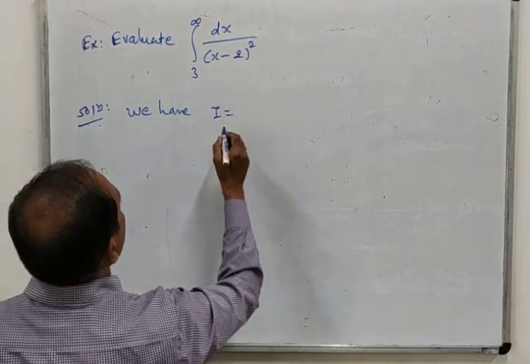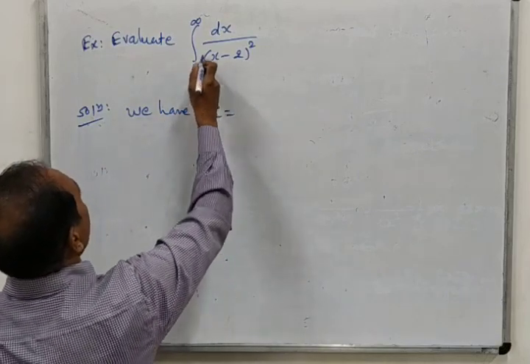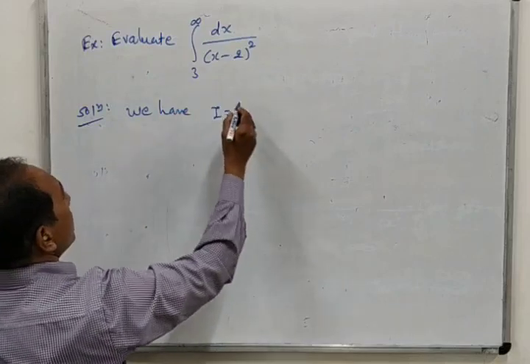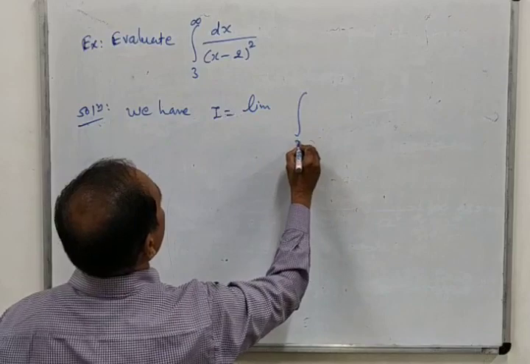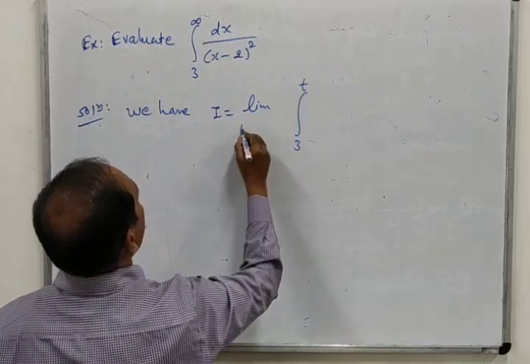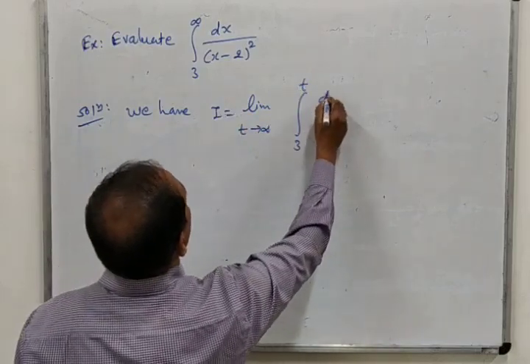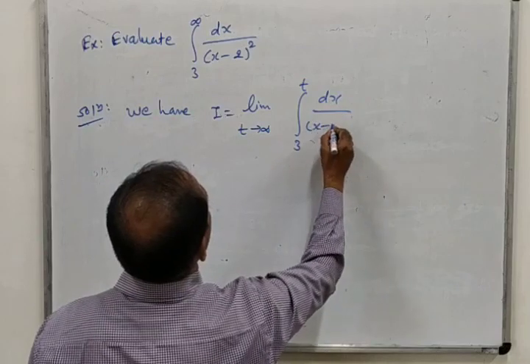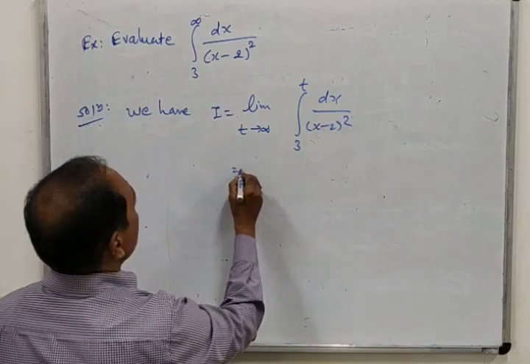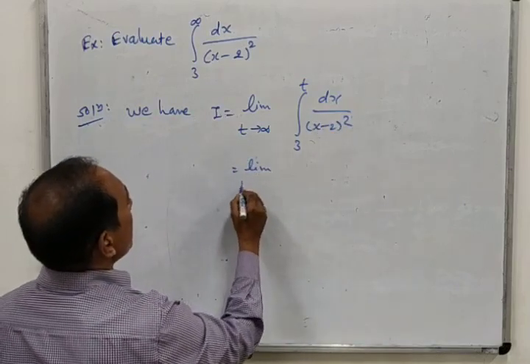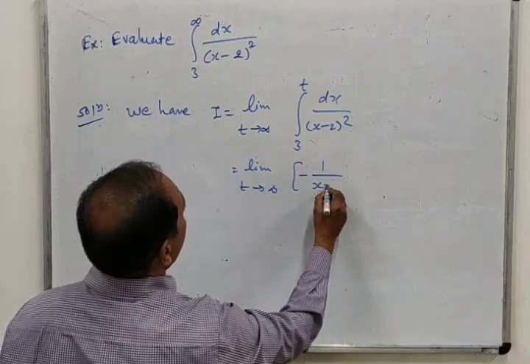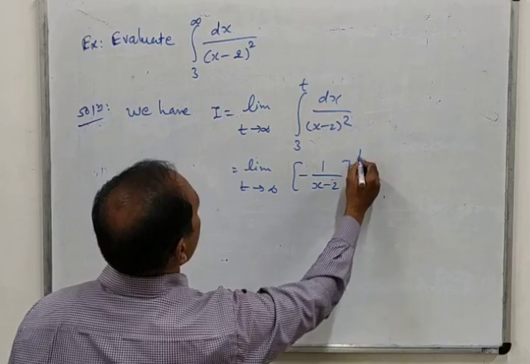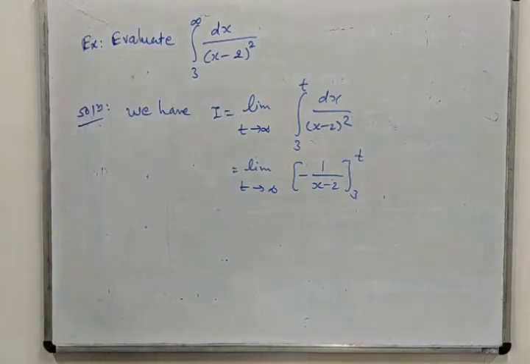So we have I equal to integration 3 to infinity. So we will make use of limit. Here we will write limit t tends to infinity, integration 3 to t, dx upon (x minus 2) whole square. The integration of this one is minus 1 upon (x minus 2), because the integration of 1 upon x square is minus 1 upon x.